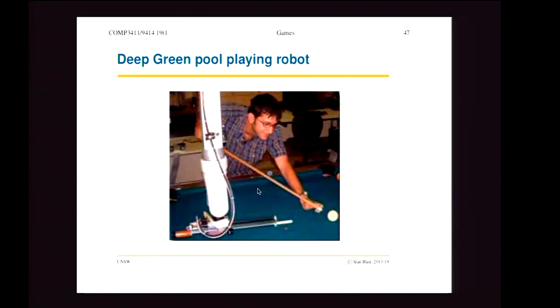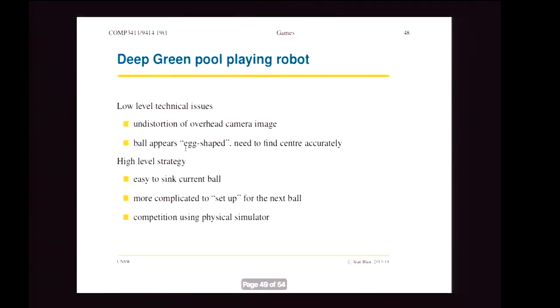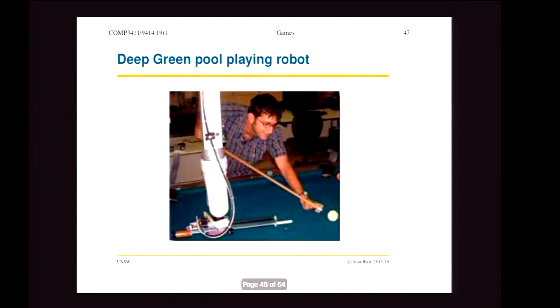And so for this, they actually needed vision a little bit beyond what we had in RoboCup. If you look at some of these images, the ball actually becomes a little bit distorted.